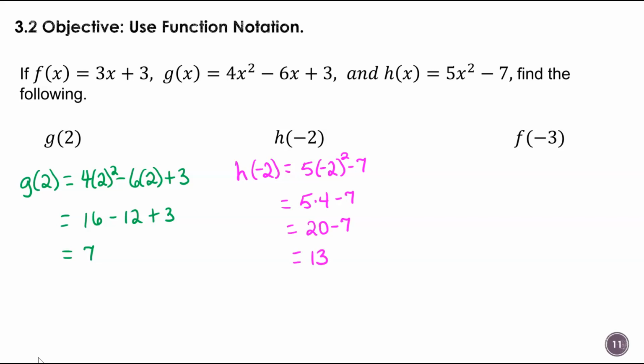Okay, and then the f function. The f function is a pretty simple one, f of negative 3. So 3 times negative 3 plus 3, negative 9 plus 3. And then that would be negative 6.